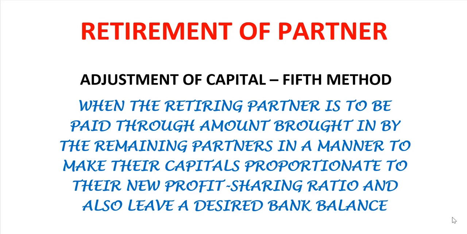That is, in the reconstituted balance sheet, a desired bank balance is maintained. So let's go to the steps to be followed under this fifth and final method of adjustment of capital at the time of retirement of partner.